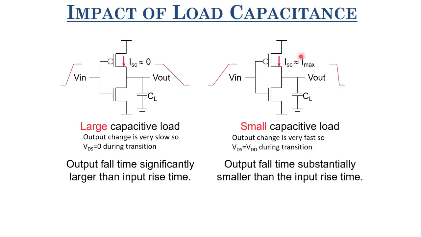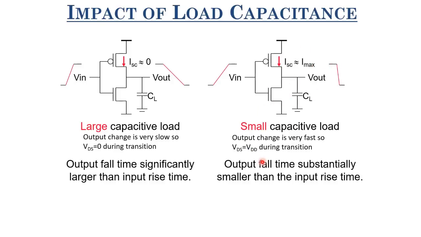And in that case, short circuit leakage current will be pretty large. So in case you have a large capacitive load, your output fall time would be large, but your short circuit current would be minimum. Whereas when you have a small capacitive load, then your output fall time would be small, but your short circuit leakage current would be maximum.